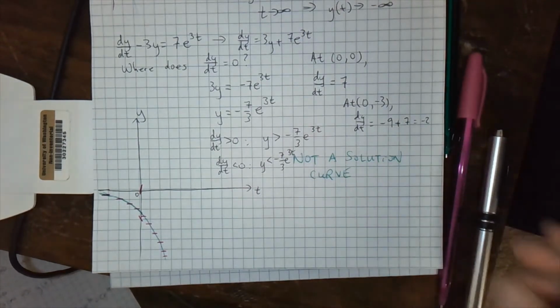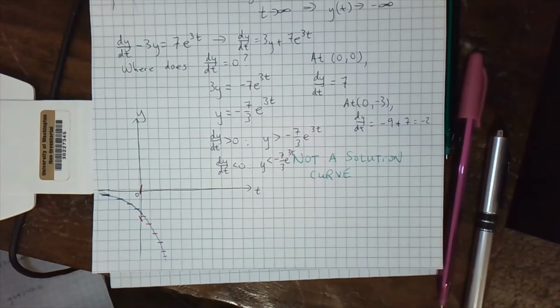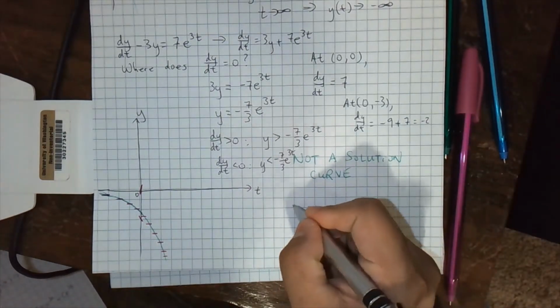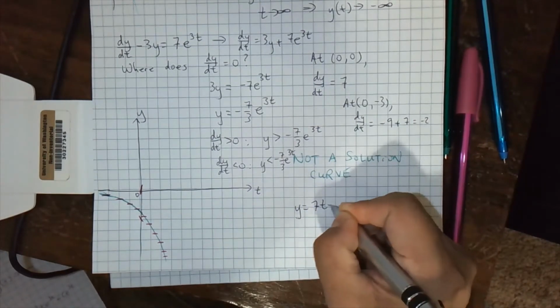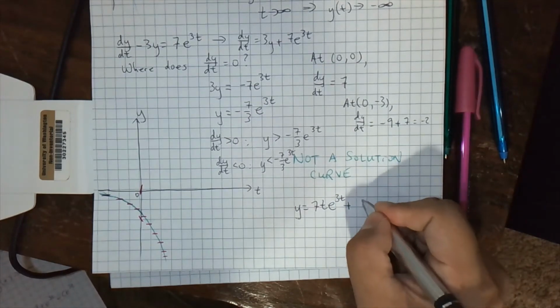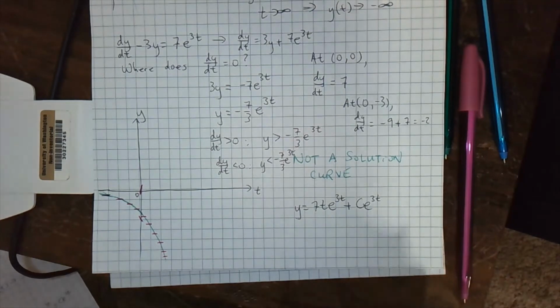Okay, so I've got negative slopes here, positive slopes here. I still kind of don't know how to sketch the solution curves, but luckily I've solved this. Let's see what the solution was. I have y equals 7t e to the 3t plus c e to the 3t. And then I can just put in some values of c.